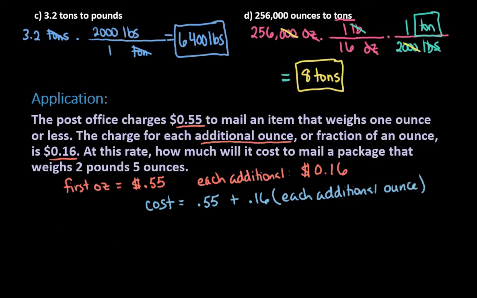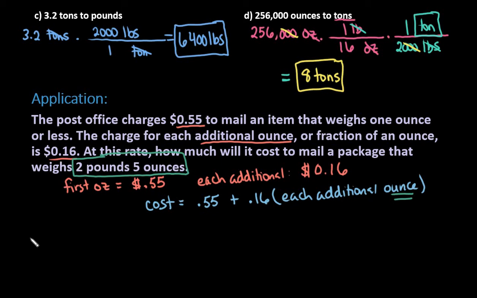All right. So now we have to figure out how many ounces are we going to be mailing. So it says, at this rate, how much will it cost to mail a package that weighs 2 pounds and 5 ounces? So if you notice, we want it to be each additional ounce, and right now we have pounds.